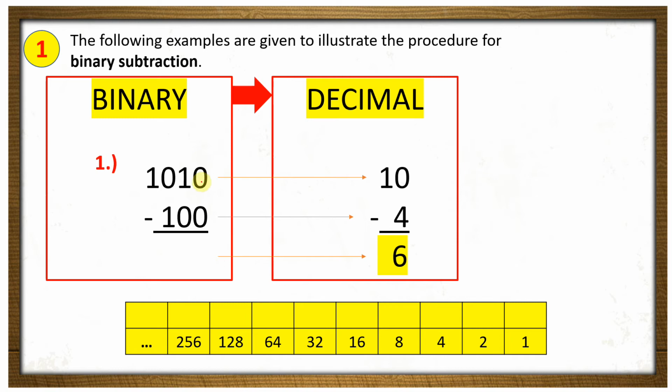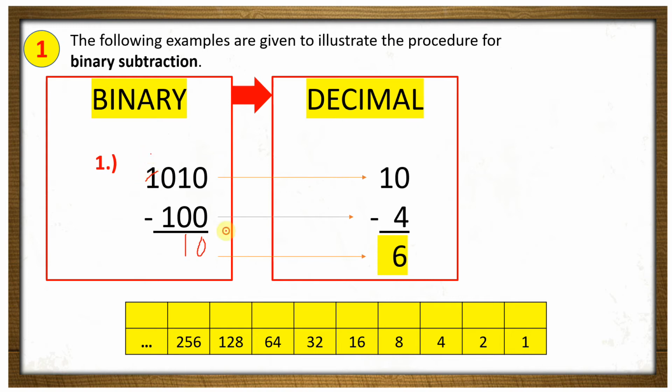So 0 minus 0 is equal to 0. 1 minus 0 is equal to 1. 0 minus 1 cannot be, so you borrow 1 from the next digit to the left. If there is a 1 in the next column, you can borrow it.